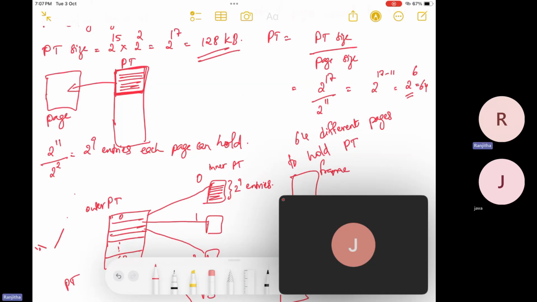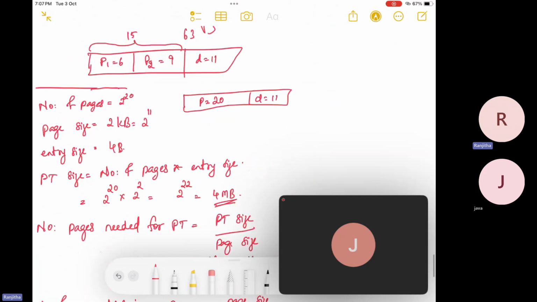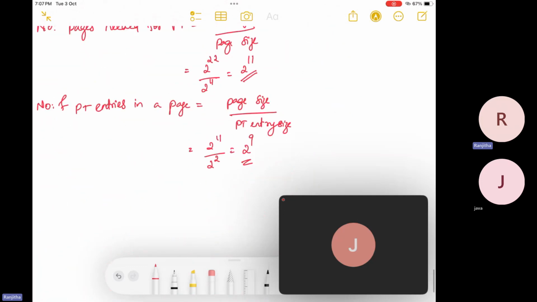Number of pages required for the page table was 2 power 6, and each page was able to accommodate 2 power 9 entries. So this was lesser. We could have 2 power 6 entries in one page. That is the outer page. But in this scenario, we can have only 2 power 9 entries in a page table.